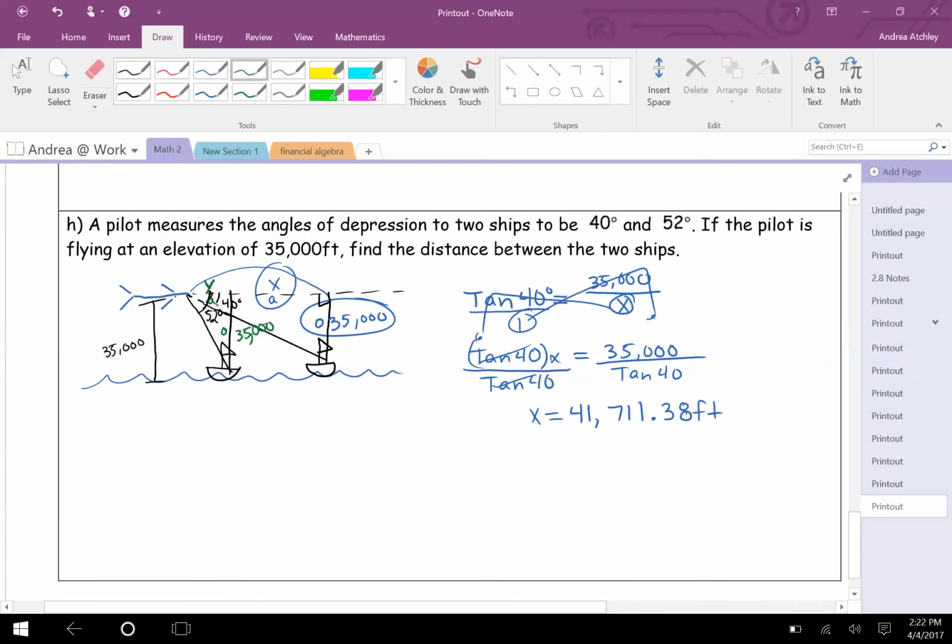So I'm still using tangent. So the tangent of 52 degrees now equals the opposite of 35,000 divided by Y. No, because we're dealing with a different angle degree.